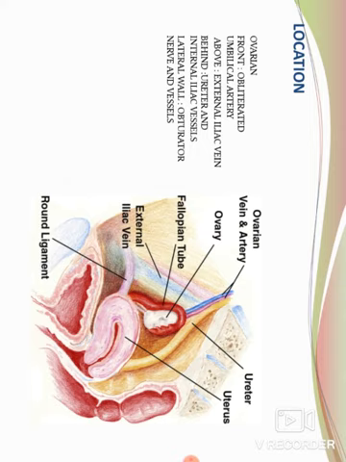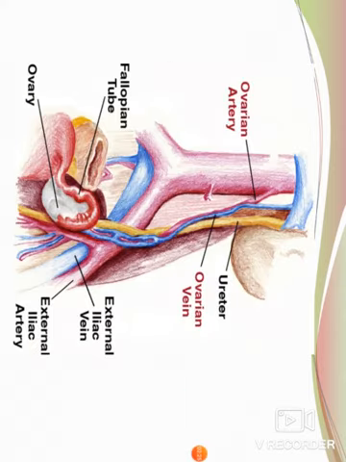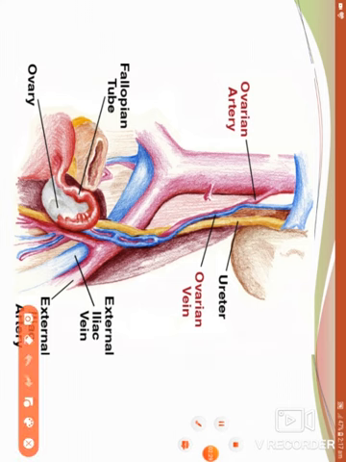In this figure, you can clearly see the boundaries of this ovarian fossa. See, this is the ovary, this is the uterus. The boundaries of this ovarian fossa, this is the right side. See, this is the abdominal aorta. It divides into right and left common iliac.